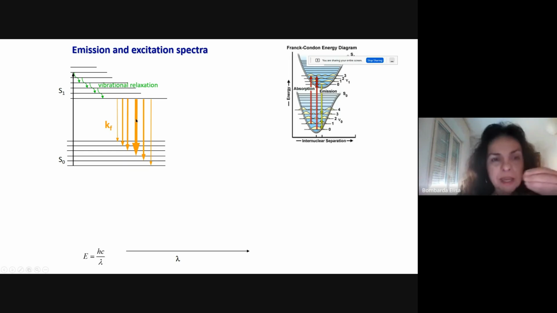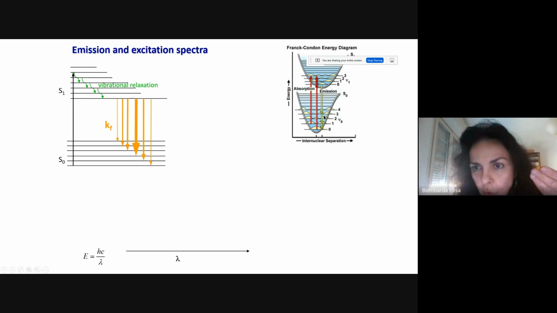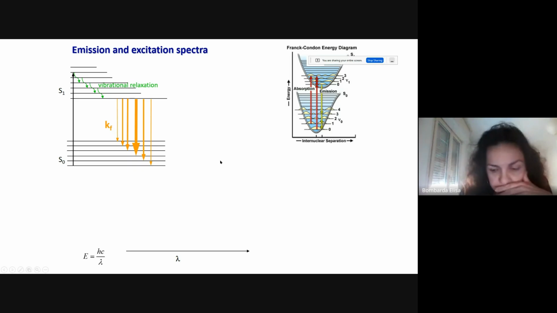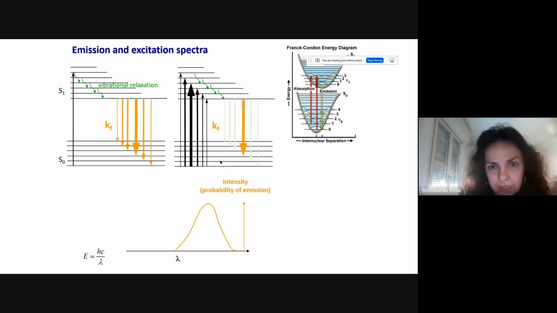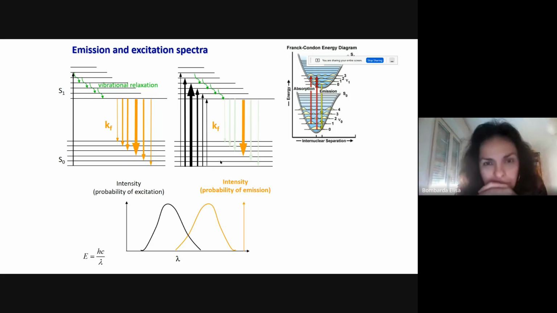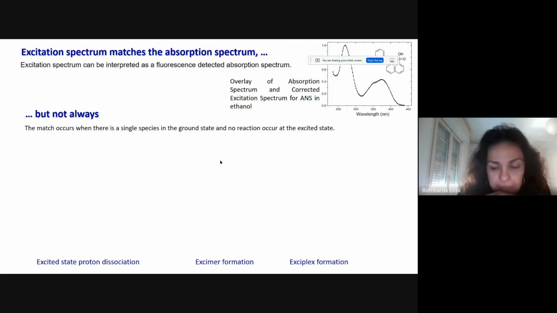The thickness of the arrow here is the probability that this transition occurs, according to the occupation of the state, and this probability is reflected in the emission spectrum. The same story as we were seeing with absorption or excitation, and we have our spectrum.